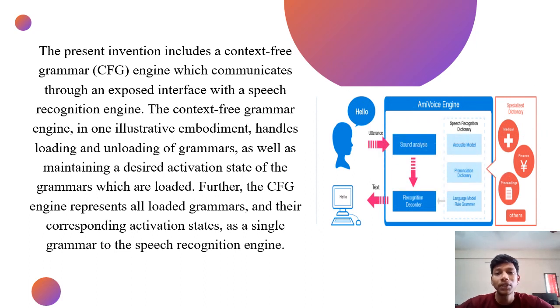This is the complete speech recognition process, and how the user is giving the words, and how the voice engine is recognizing, how it is decoding, and how it is transforming into text.